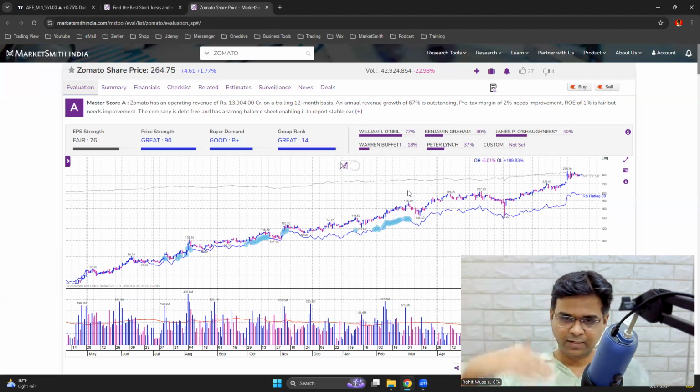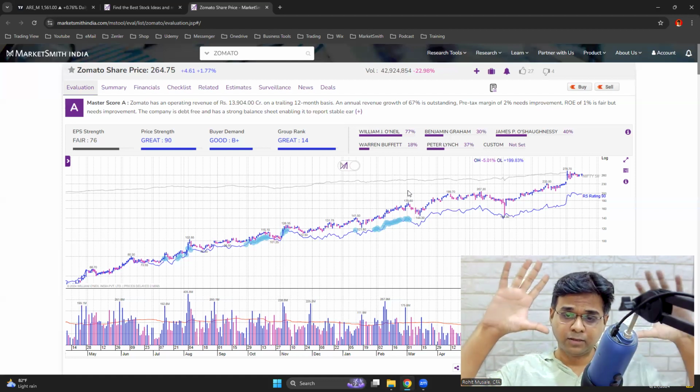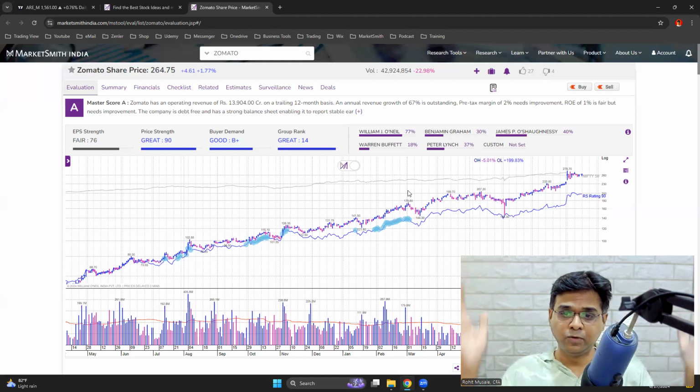Now, out of that list, let's say 10,000 stocks, you want the top 10 percentile, the relative strength ranking of 90 or more. So 10% of 10,000 is how much? It's 1,000. So you look at only the top 1,000 stocks. That becomes your universe from which you will start further filtering based on whether it's a penny stock, whether it has institutional demand, whether it is near the 52-week high, things like that.